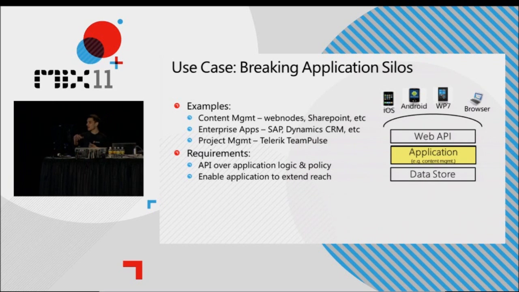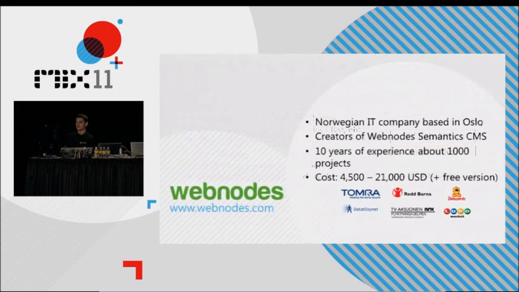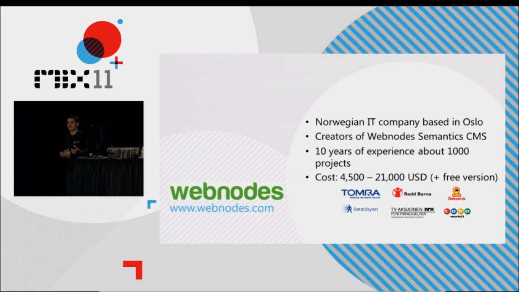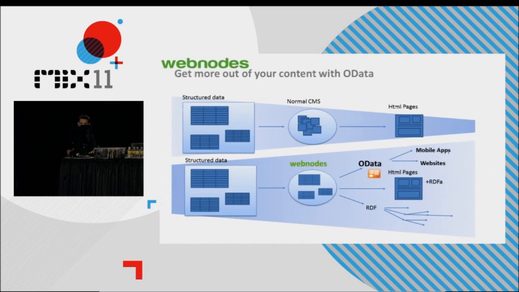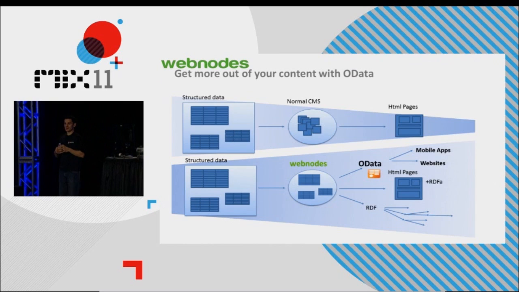And so there's a lot of companies that are integrating OData directly into their app, whether it's a CRM system or a project management system or CMS systems. So what I want to do is just show you an example of that using Webnodes. Webnodes is a CMS system created by a Norwegian company just named Webnodes. And they create a semantic CMS. And what that means for them is that they have a CMS that really tries to maintain the structure of all the data you've given it.